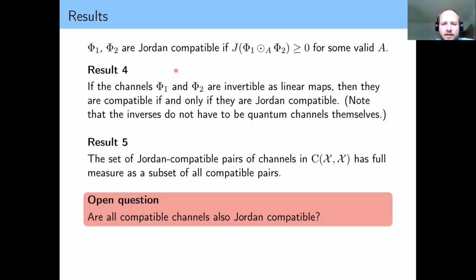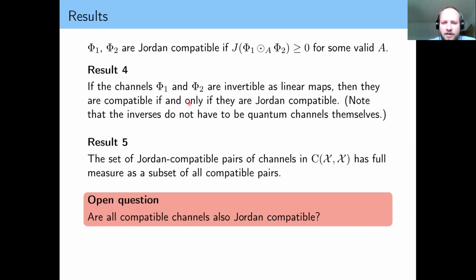And we proved that if such channels are invertible as linear maps, well, this means that the channels are invertible, but the inverse does not have to be a positive channel. Because it is known that if you require the inverse to be positive, then the set of such channels is very restricted. But here we say that the two channels must be invertible, but the inverse does not have to be positive. They just must be invertible as linear maps.